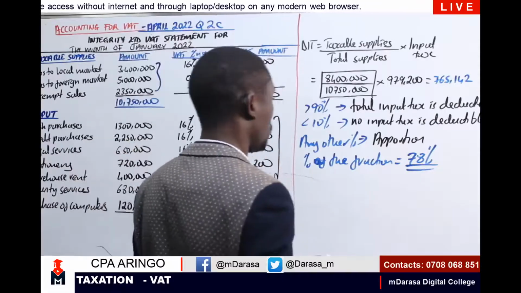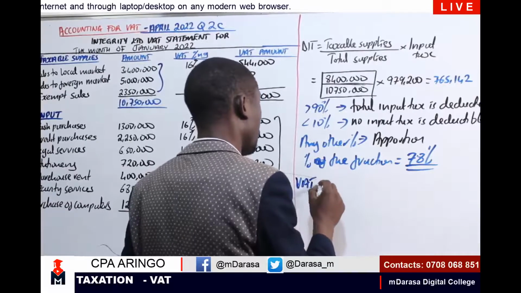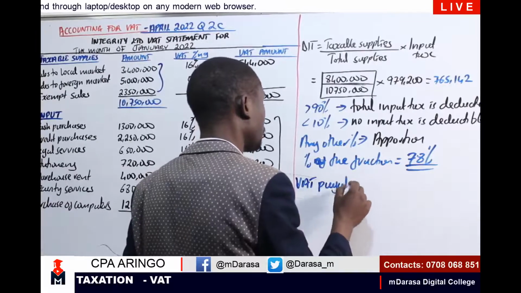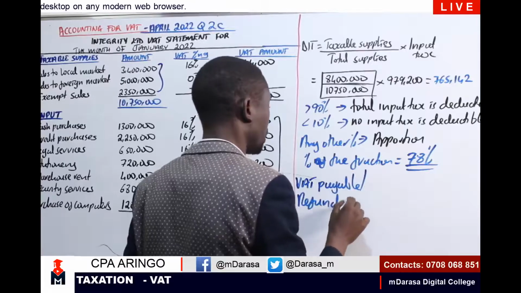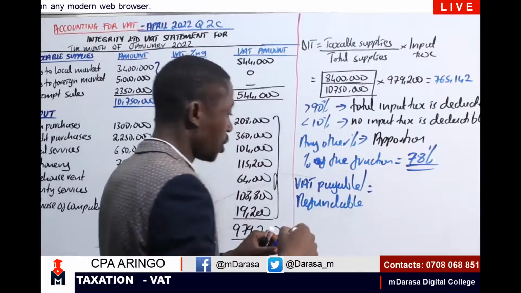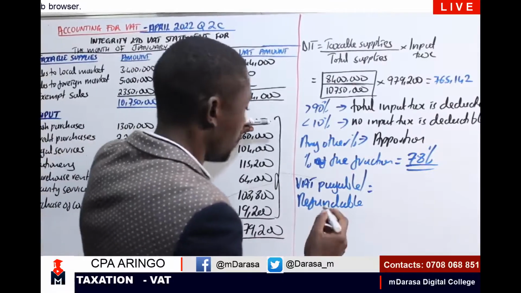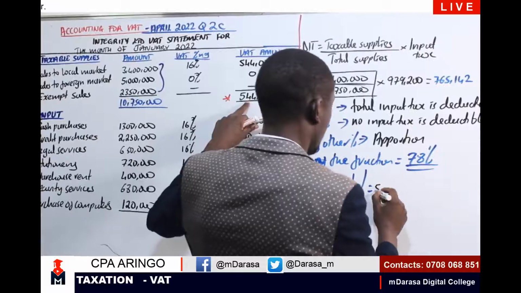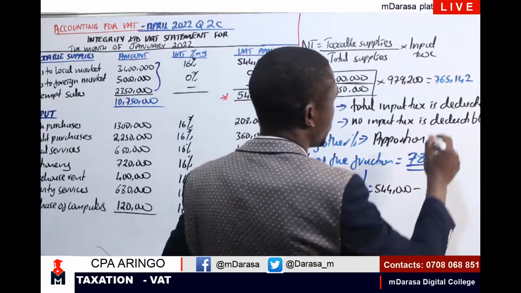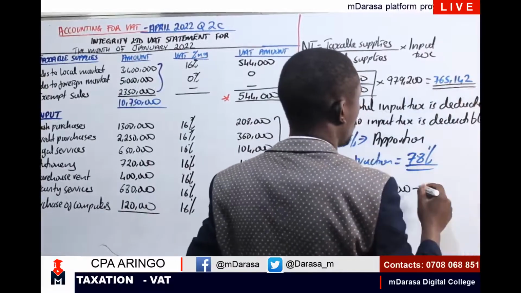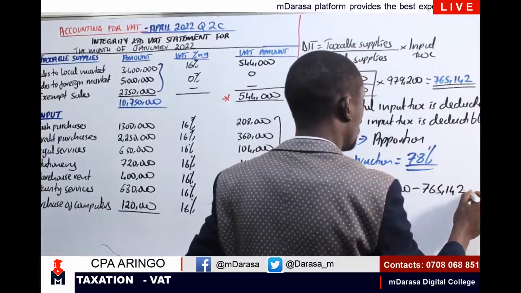So clearly here, we can note that my VAT payable or refundable should be my output tax, which in this case is 544,000, minus deductible input tax, which you've apportioned as 765,142.